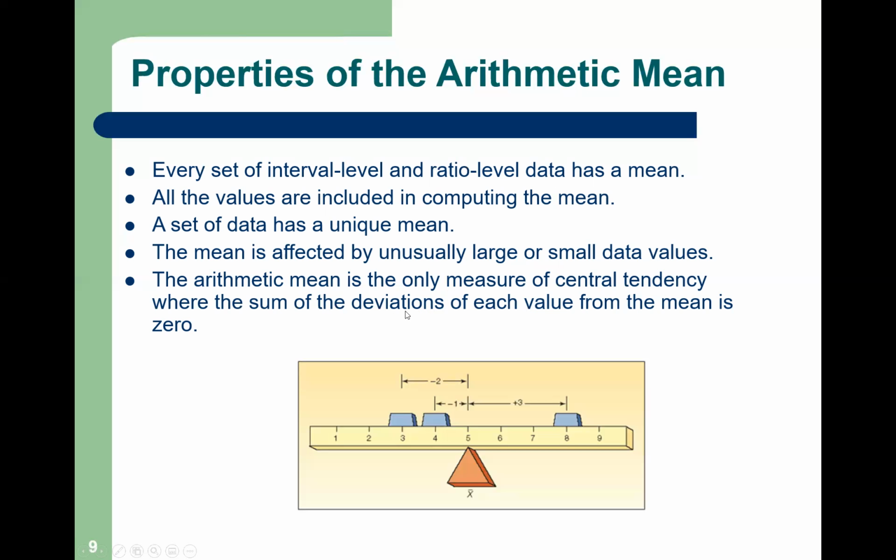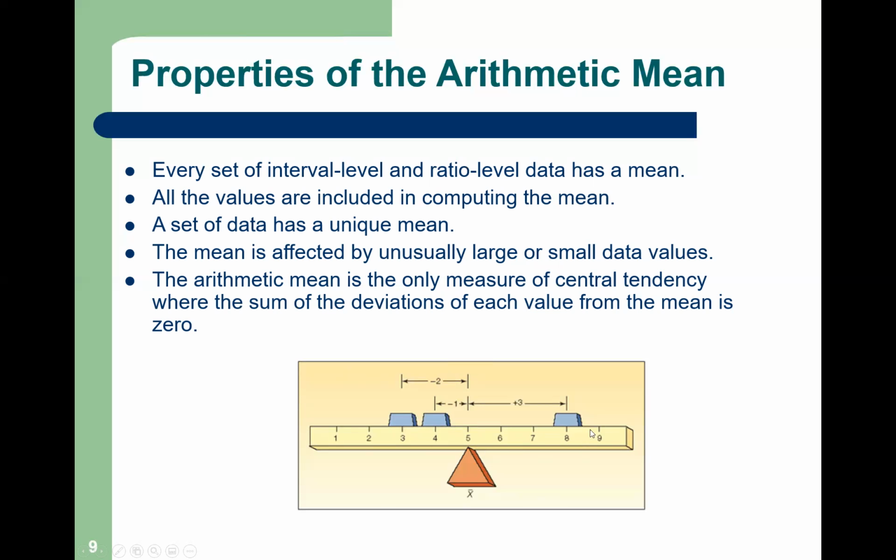If the sum of the deviations from the mean is not zero, it means there are some calculation errors, or you have not calculated the mean correctly. To understand this concept, we use this figure. You can see the mean value for this data set is 5. This property is explained by this fulcrum.